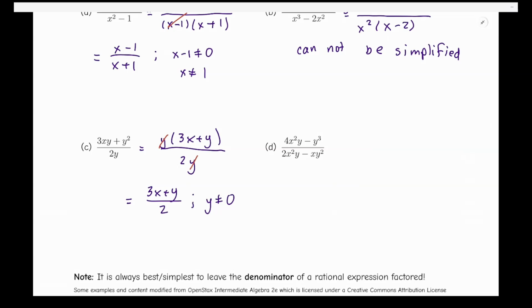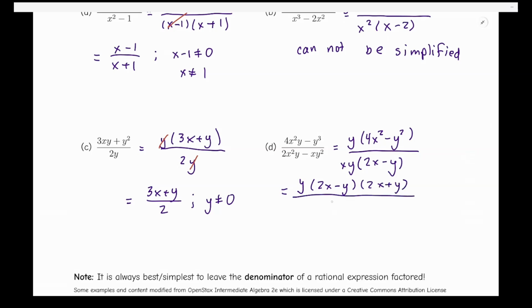Part D, 4x squared y minus y cubed over 2x squared y minus xy squared. Well, I can factor a y out of the top, and we're left with 4x squared minus y squared. Can factor an xy out of the bottom and get 2x minus y. And now the top can further be factored using difference of squares, so it becomes y times 2x minus y times 2x plus y.